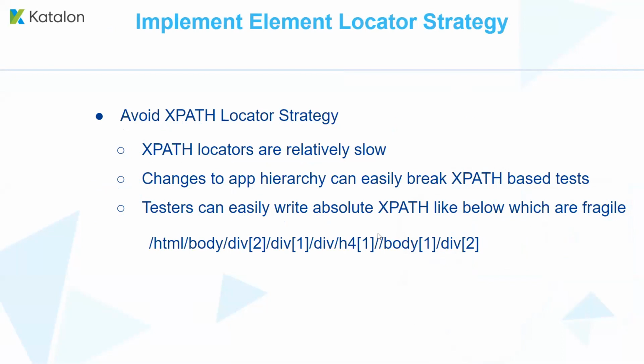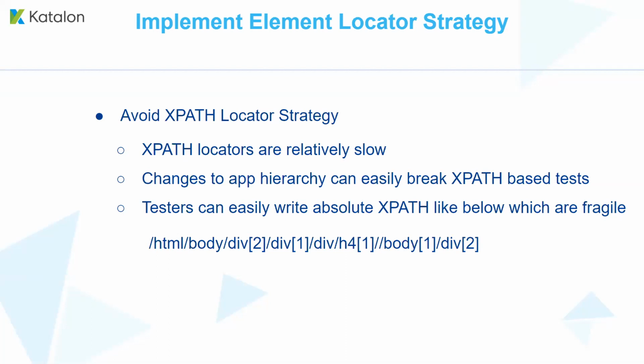Talking about the locator strategy, one key thing you want to avoid is using XPath, and when I say XPath, specifically an absolute XPath. As you can see in the slide, the last path is an absolute XPath. You want to avoid that in all situations, because any change to an app can easily break that XPath, and when the XPath breaks it is going to cause your test case to fail.